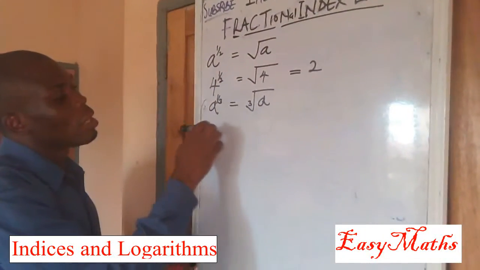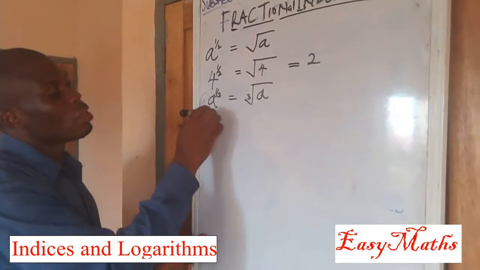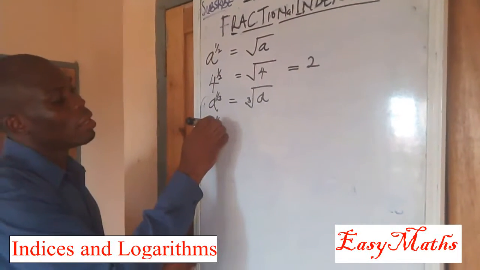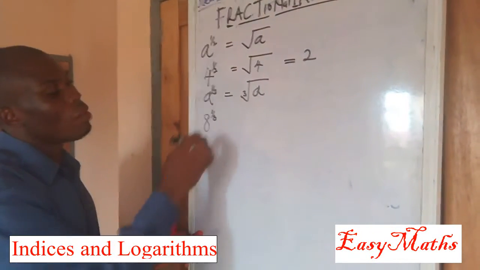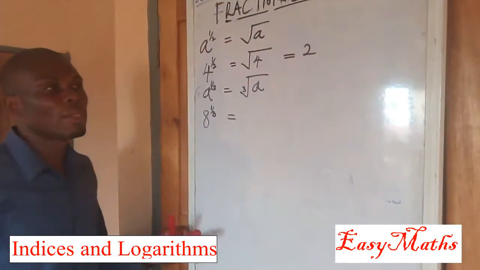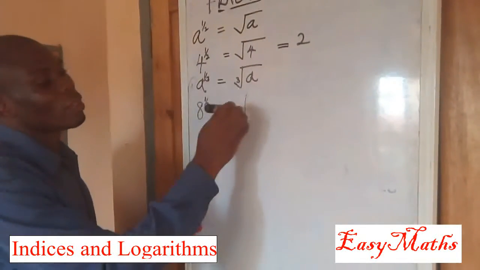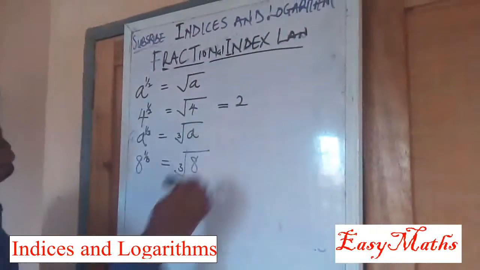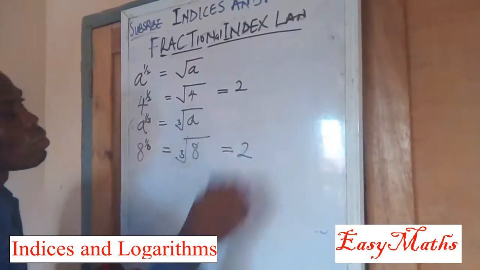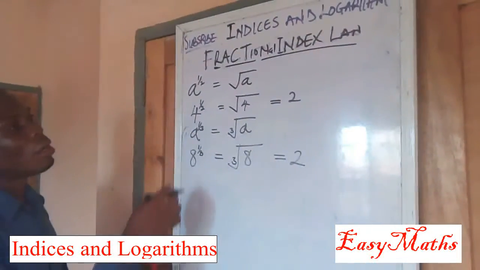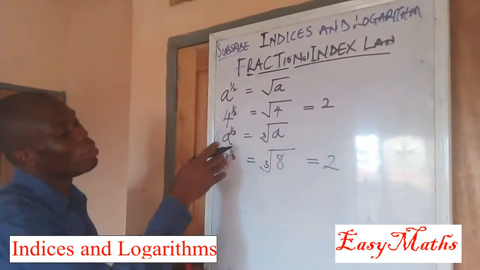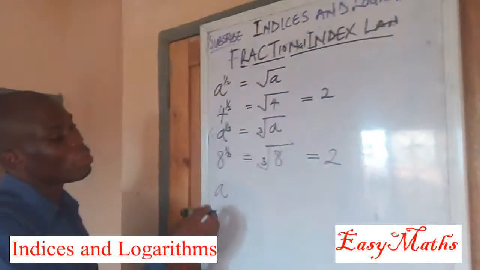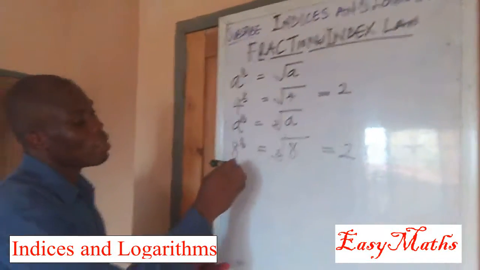So in case you have 8 raised to power of 1 over 3, that's the same thing as the third root of 8. I know that the third root of 8 is 2, and so on.